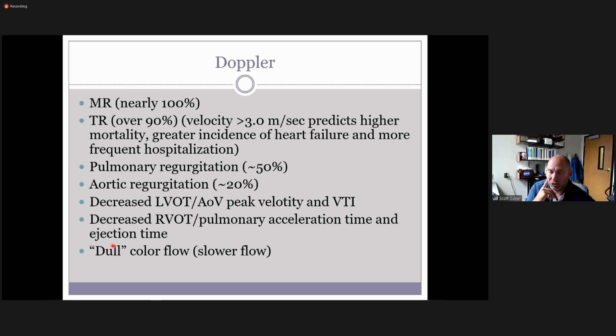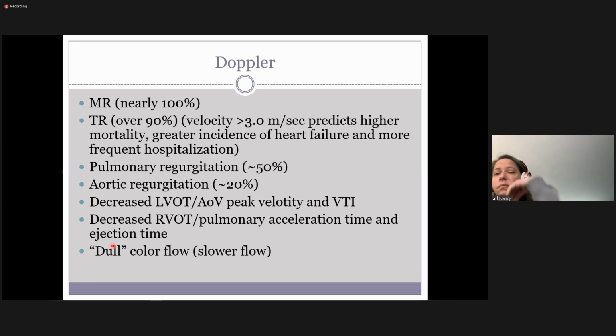So any view that would show me a chamber, which is all of them, essentially. And I mean, there are some Dopplers that are going to be irrelevant to this. So I don't need to do like pulmonary stenosis, for example. Yeah, so if you were called to a patient's bedside who has COVID, who needs a scan, what would you do in your 15 minutes or less?